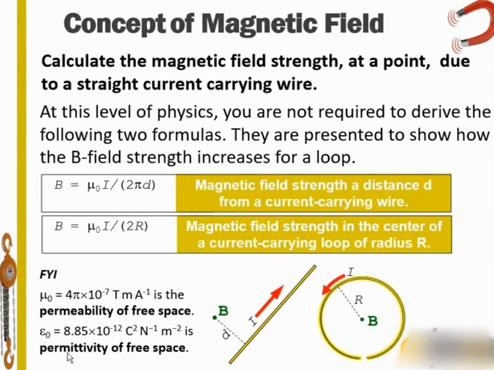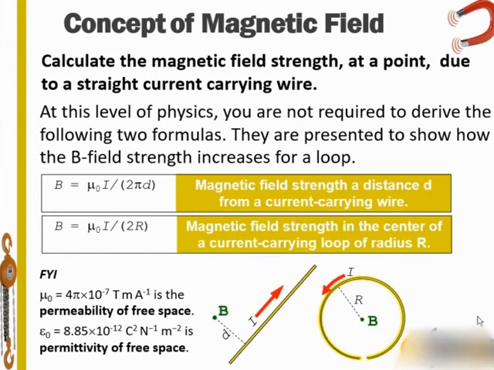This one is called the permittivity of free space, and permittivity of free space is used when we talk about electrostatics. We've looked at this as part of our study of electrostatics, but this permittivity of free space, which sounds a little bit like permeability of free space, is totally different. So we're only focusing on this particular constant when we talk about magnetic fields.